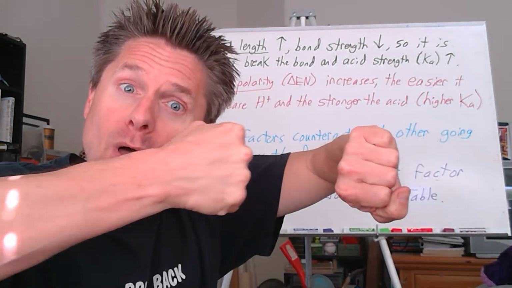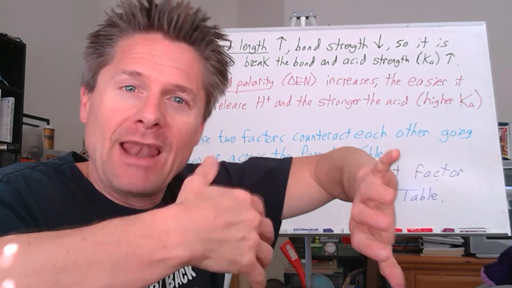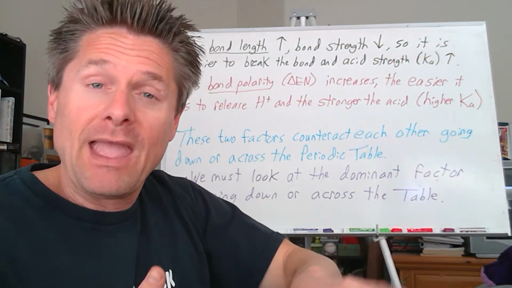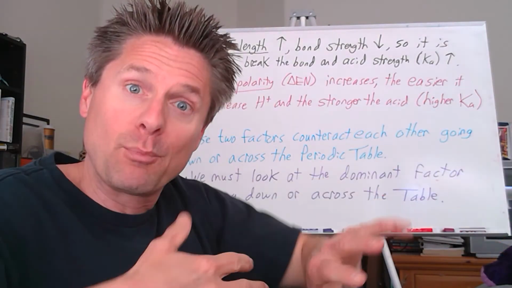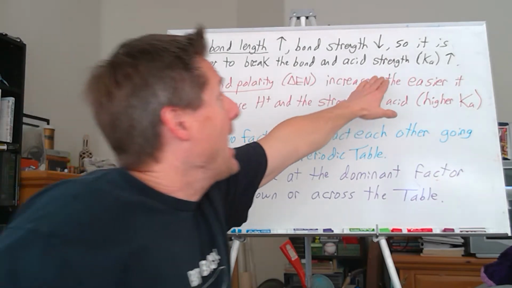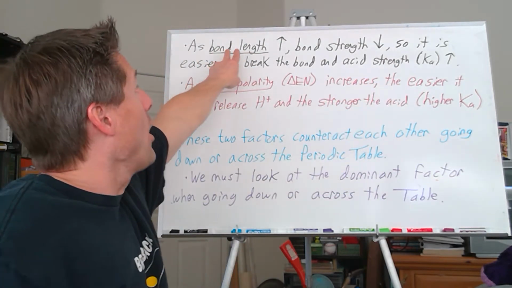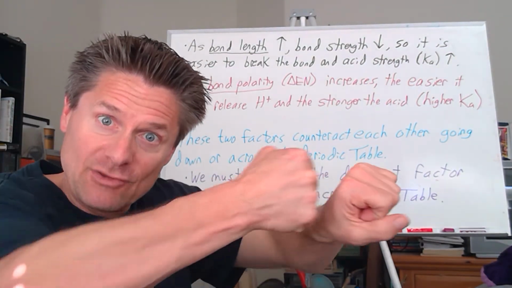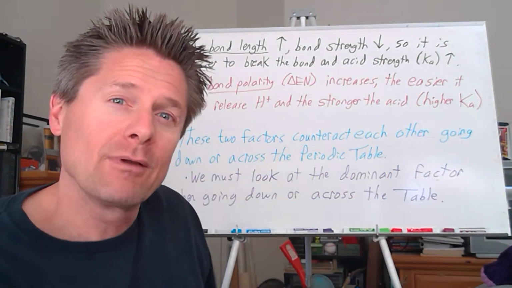The longer the bond, the weaker that electron density, the bond strength is, right? So it's easier to break. And so the longer the bond, the easier to break, the easier for the H+ to come off, and the stronger the acid. So as bond length increases, bond strength decreases. The longer the bond, the weaker it is.